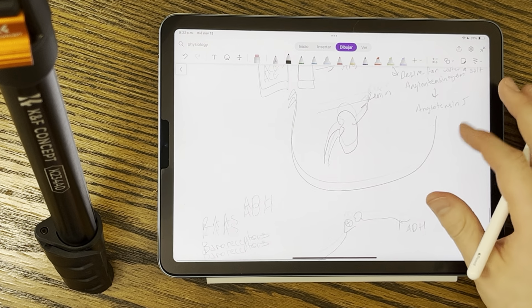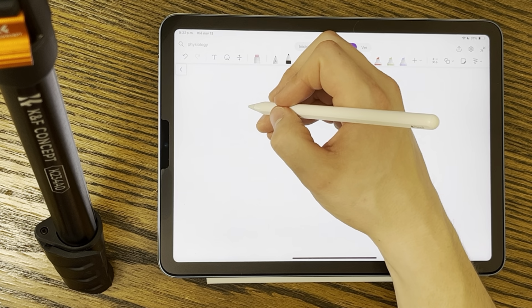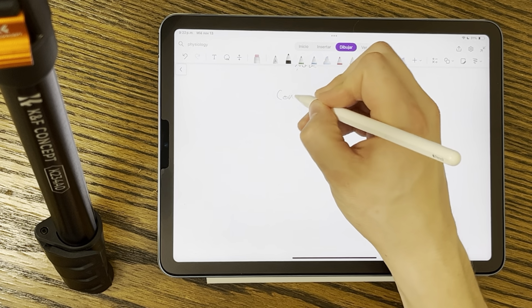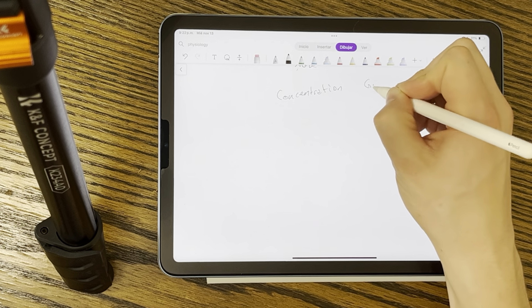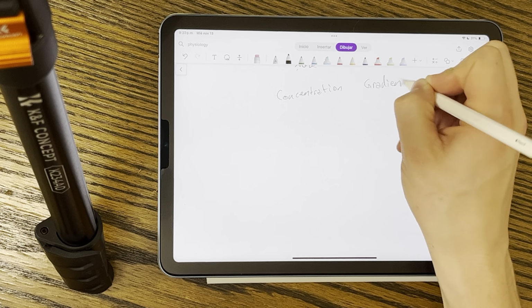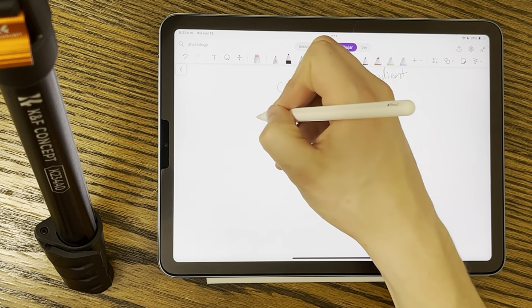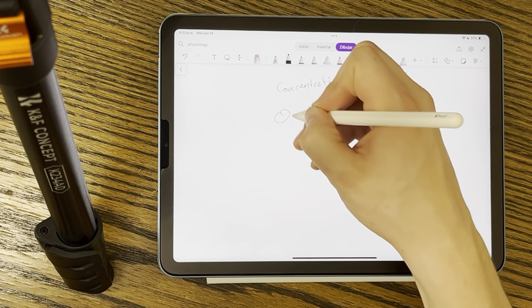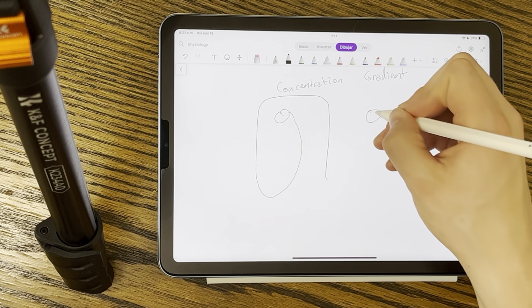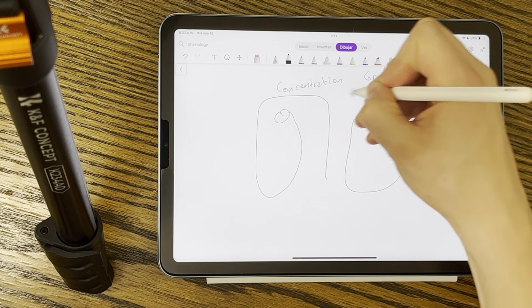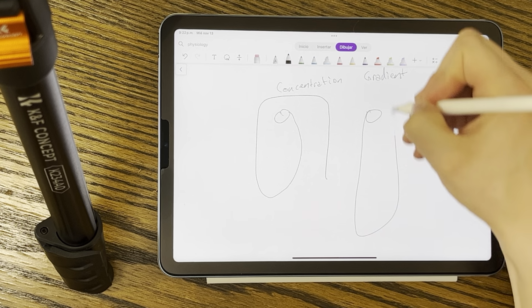So the last thing to talk about is the concentration gradient. So I'm going to draw two nephrons. Let's draw this one way down.